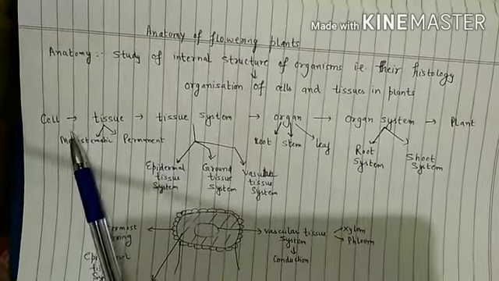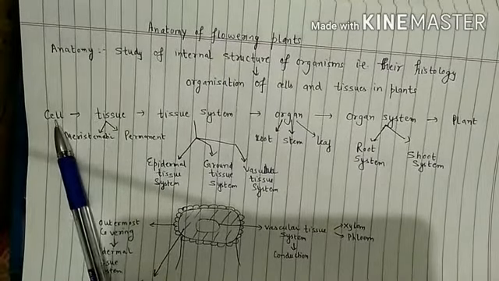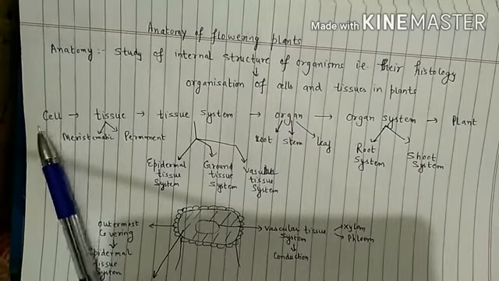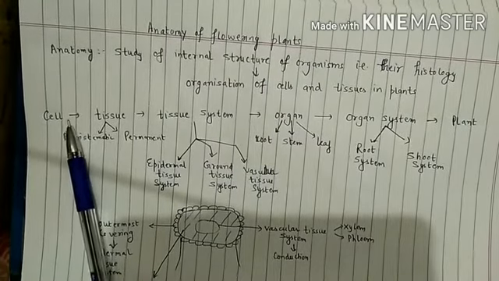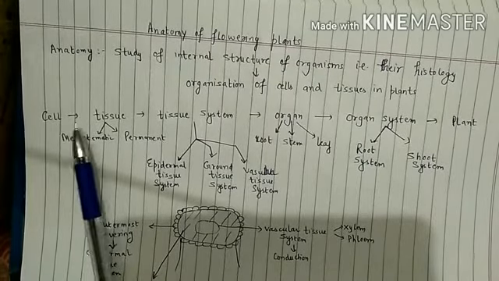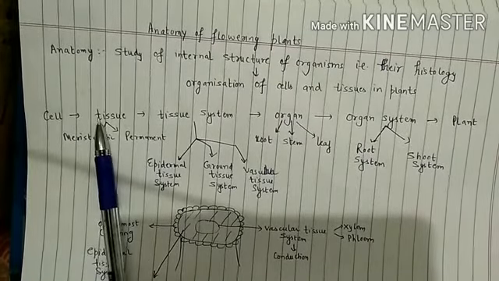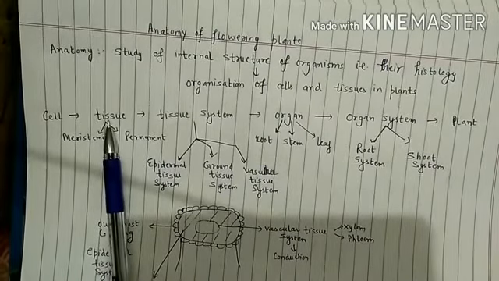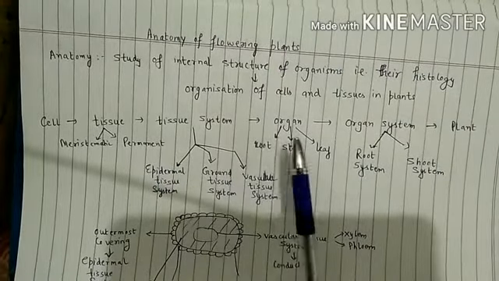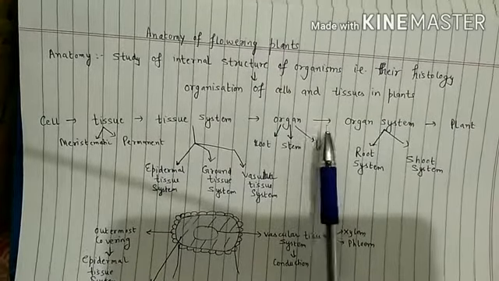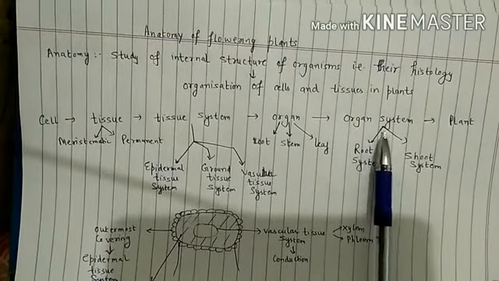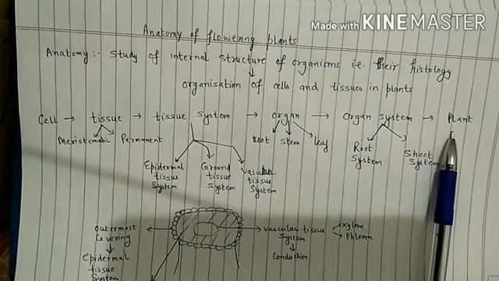So you all know that when a group of similar cells of common origin and with the same function usually give rise to tissue, and a number of tissues form a tissue system. Then tissue system gives rise to organ, and a number of organs give rise to organ system. Then finally the plant body is formed.